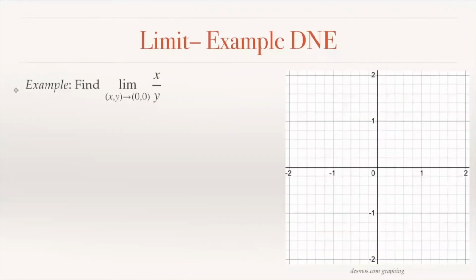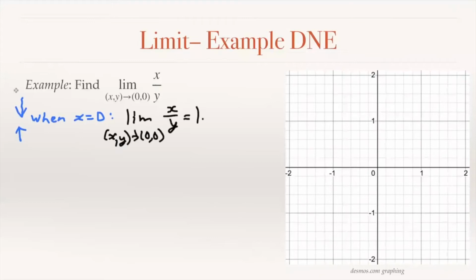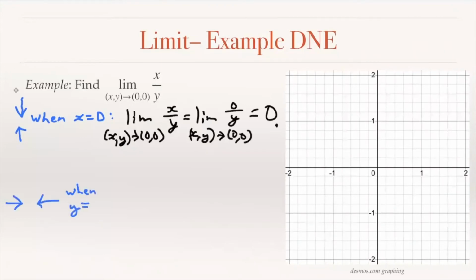So when x is always equal to 0, then the limit as (x,y) approaches (0,0) of x over y is the limit of 0 over y, which is 0. However, when y is always equal to 0, well, then it's undefined. It's like 1 over 0.